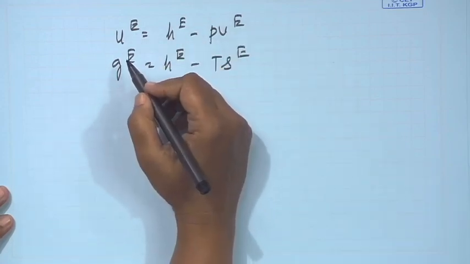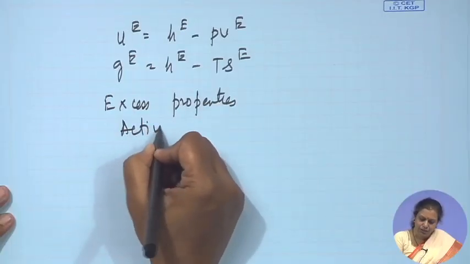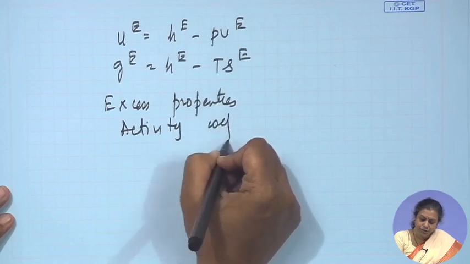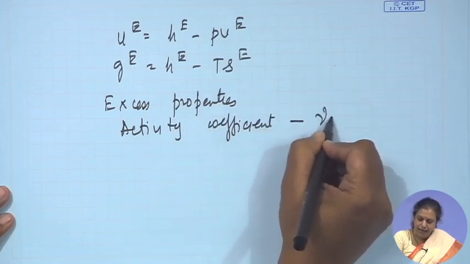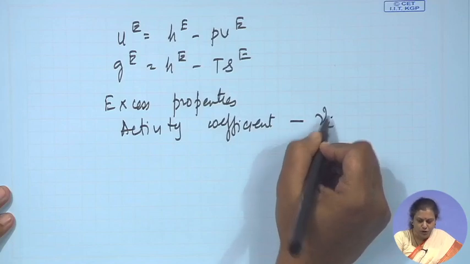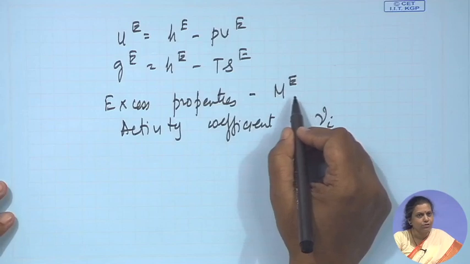So, in the next class what do we do? We deal with non-ideal solutions, and for that we will be dealing with excess properties and with the activity coefficient. We need to remember that the activity coefficient has come up because the solution is not ideal. The excess properties have come up because the solution is not ideal.